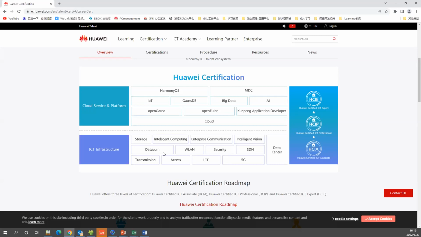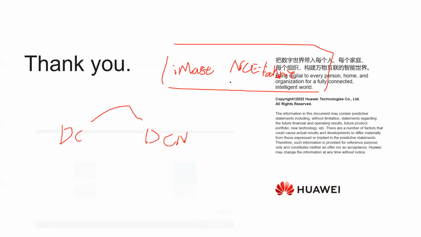The DCN belongs to the Datacom certification. That means the DCN is just focused on the network. The DCN is focused on the N. That means we only focus on the data center network of the DC. So we will introduce the technology and the solution only used on the network.